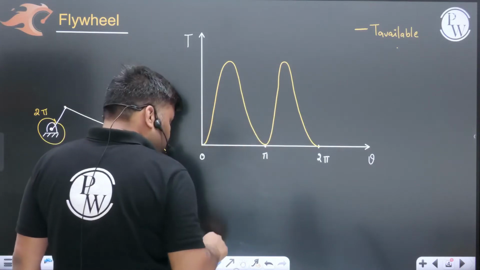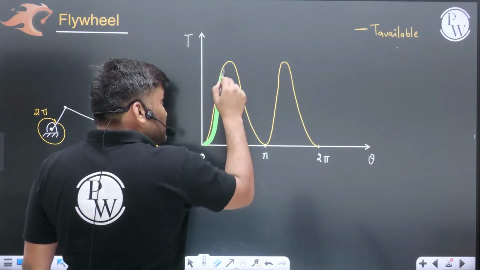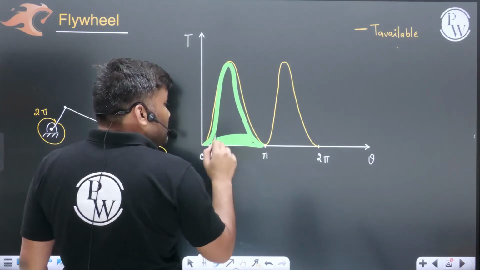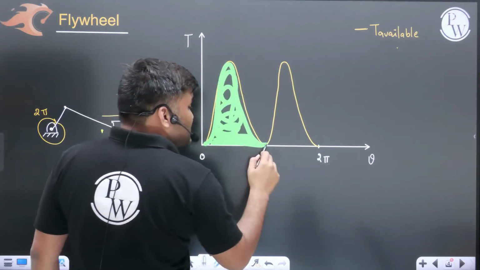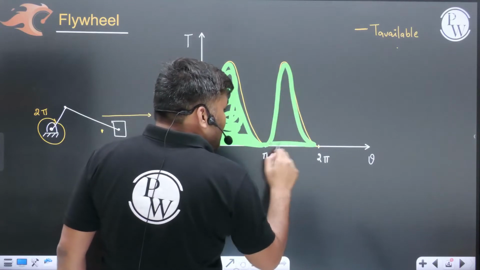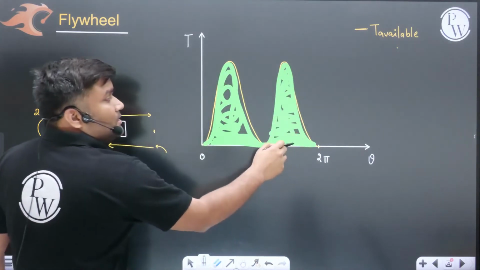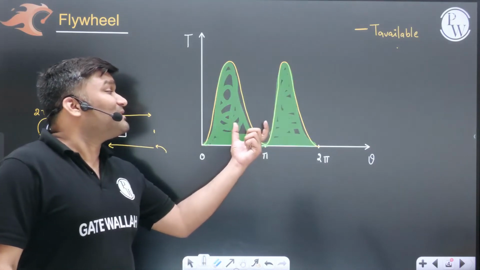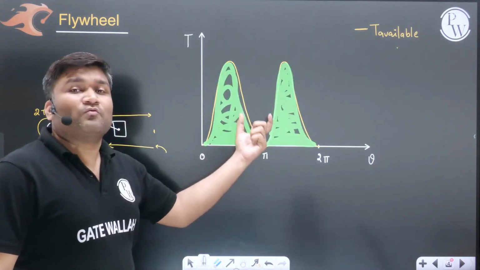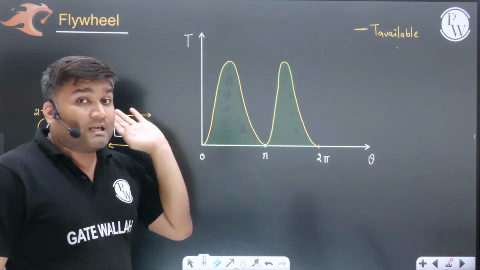This entire area, plus this entire area, this total area is showing how much work has been done in one complete cycle. The engine has done some work.